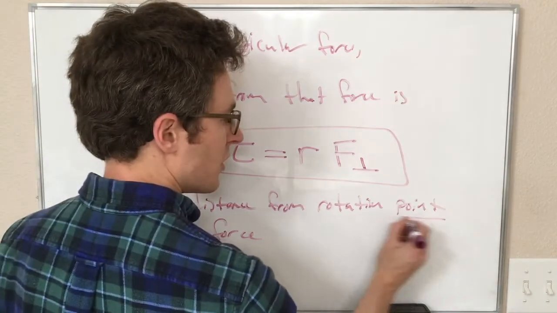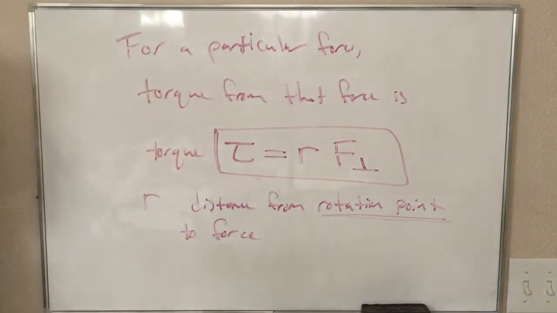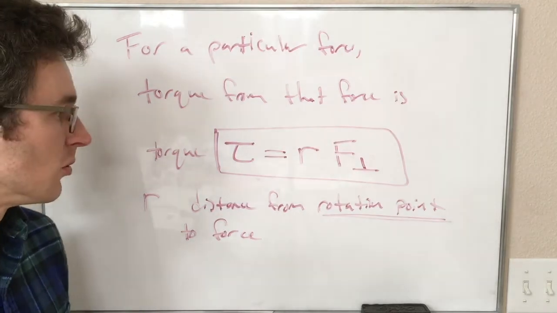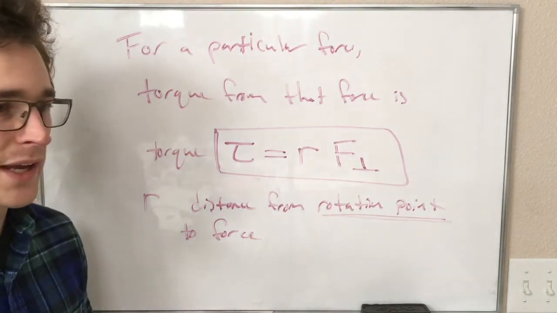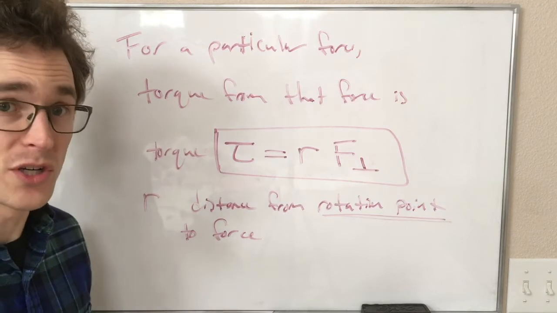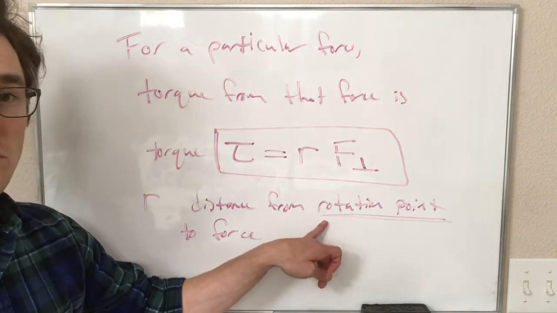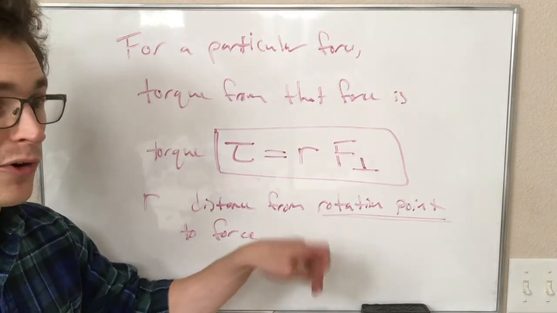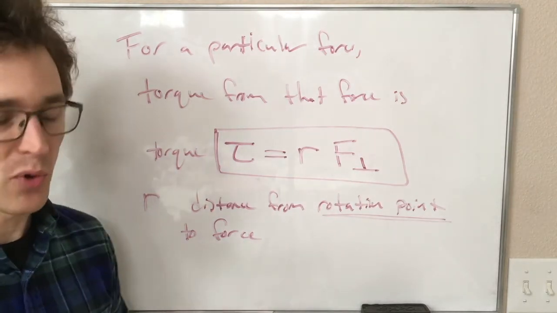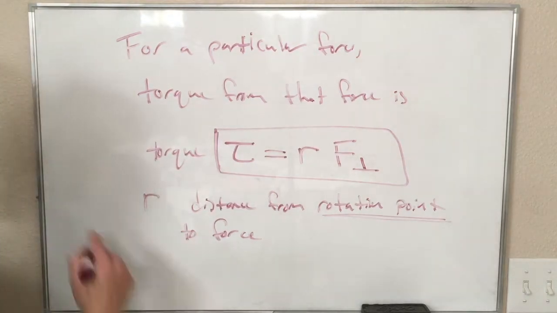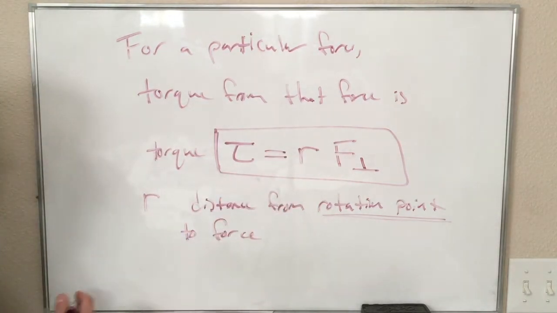And this rotation point is important. We'll go over this again in a moment, but torques have to be defined with respect to this rotation point. Kind of just like how our x and y coordinates need an origin, our torque calculations all need a point that they are being calculated from. The torques around this point, or the torques relative to this point. So R is that distance from that point to where the force is acting on our object.